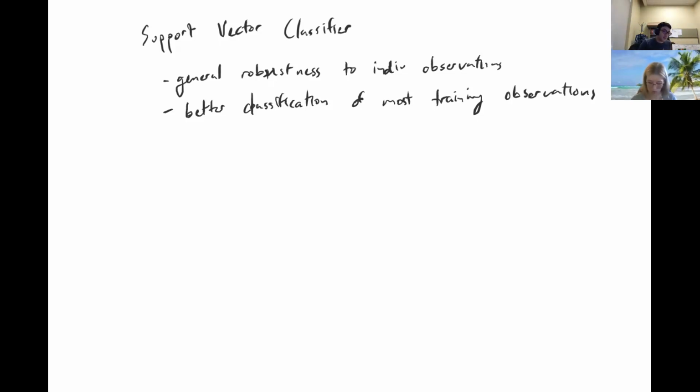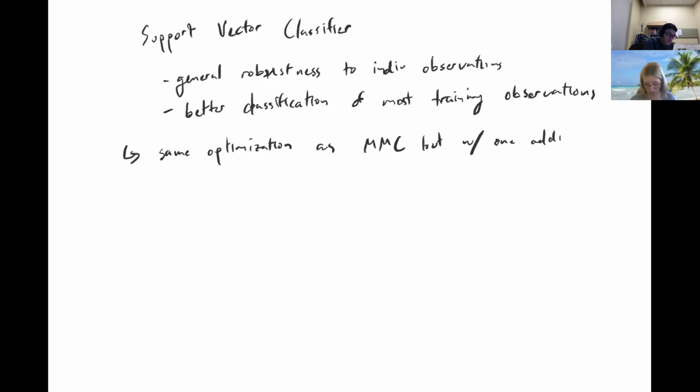And the way that we do this is the same optimization as the maximal margin classifier, but with additional constraints.